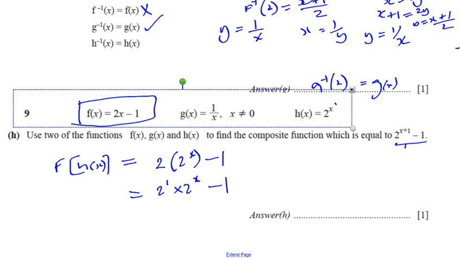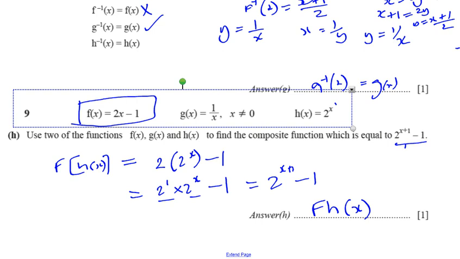And if you have two numbers with the same base and you want to combine them, you add the powers. So this is 2 to the power of x plus 1, minus 1. So you see it gives us what we need. So f of h(x) is the composite function, which is equal to that.